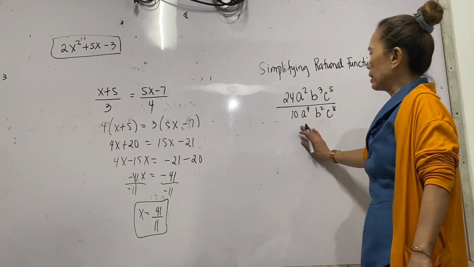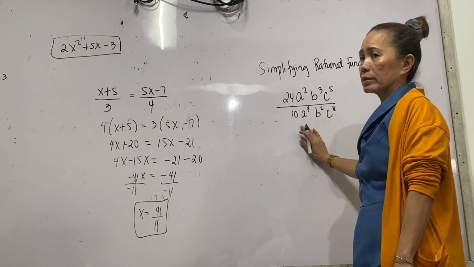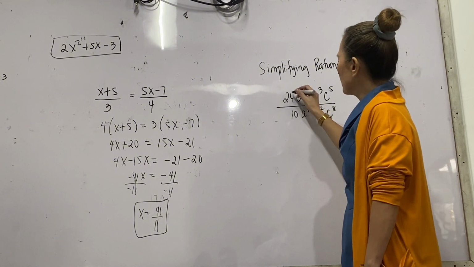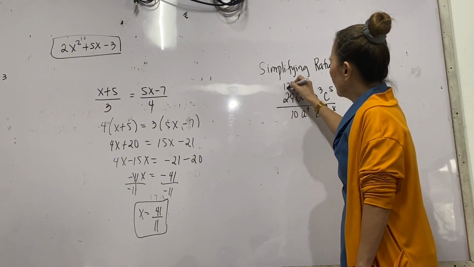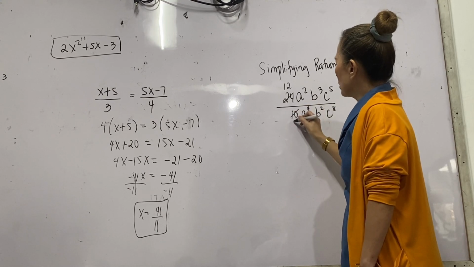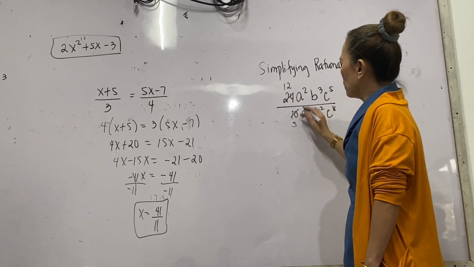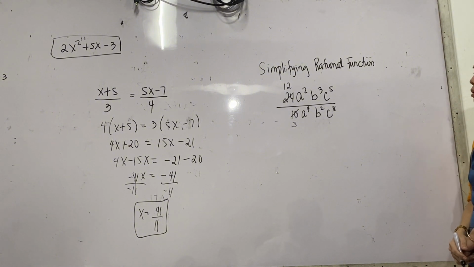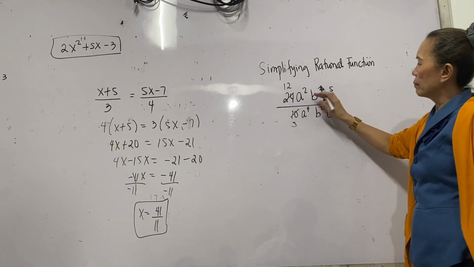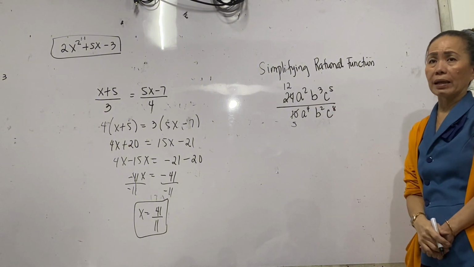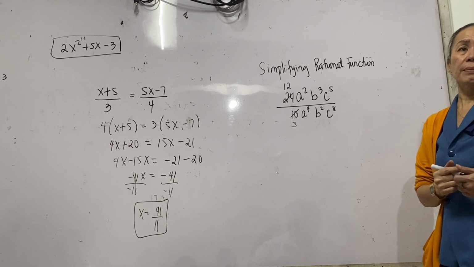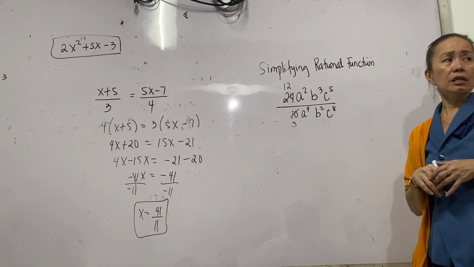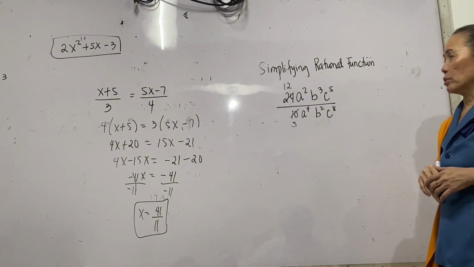Okay, 24 and 10 are both divisible by what? By 2. So, 24 divided by 2 is 12. And 10 divided by 2 is 5. How about 12 and 5? Mapapaliit pa ba? No. Okay, next. Ito po. Susubtract natin yung malaking exponent sa maliit na exponent. Tapos, ilalagay natin yung letter kung nasaan yung malaki ang exponent.